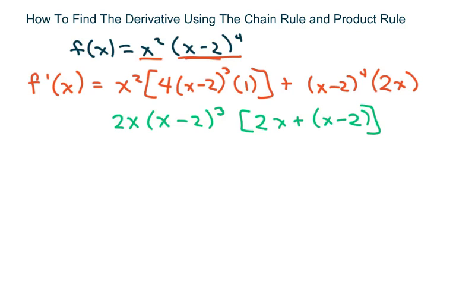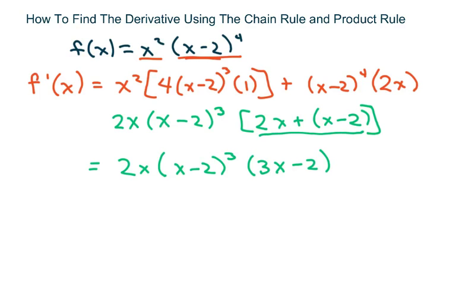Alright, and then you simplify, you're going to get 2x times x minus 2 cubed times 3x minus 2, which is that piece. Okay?